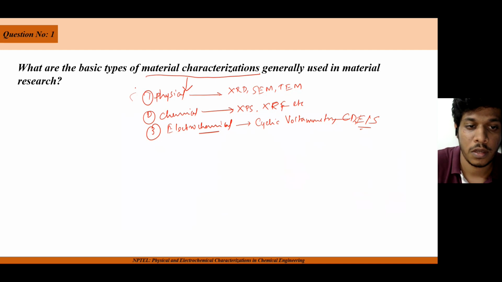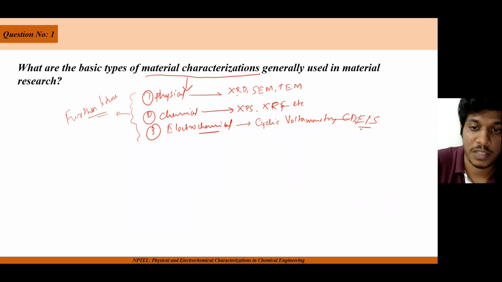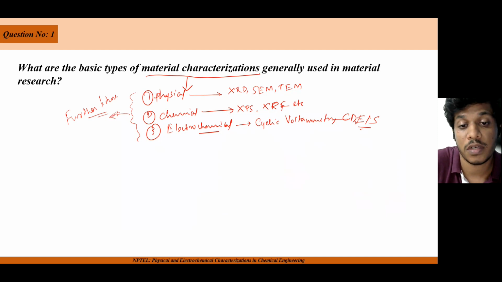Most of these techniques would be discussed in a very detailed manner in the further lectures. Each of these topics would in itself be a topic for discussion, and everything would be discussed in a proper manner so that the students or the listeners participating in these lectures can get a proper understanding of what each of these techniques is.